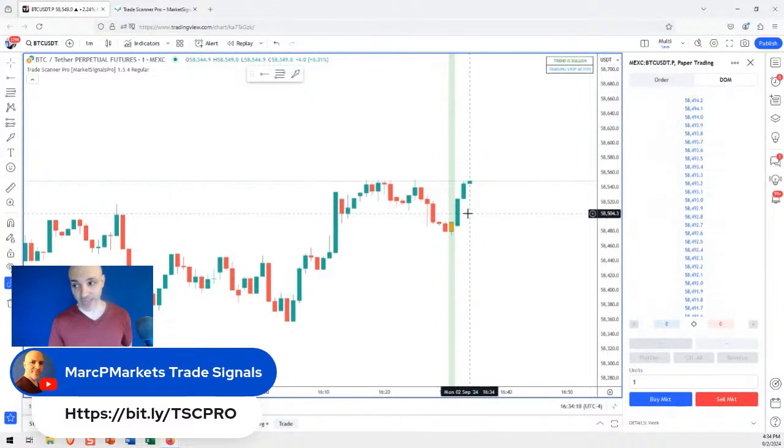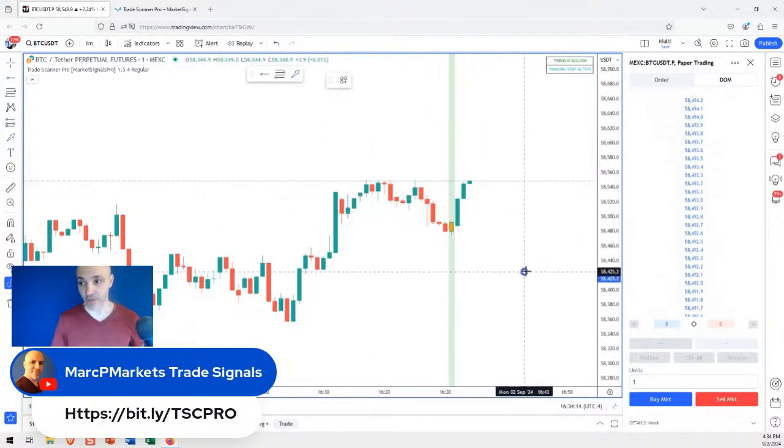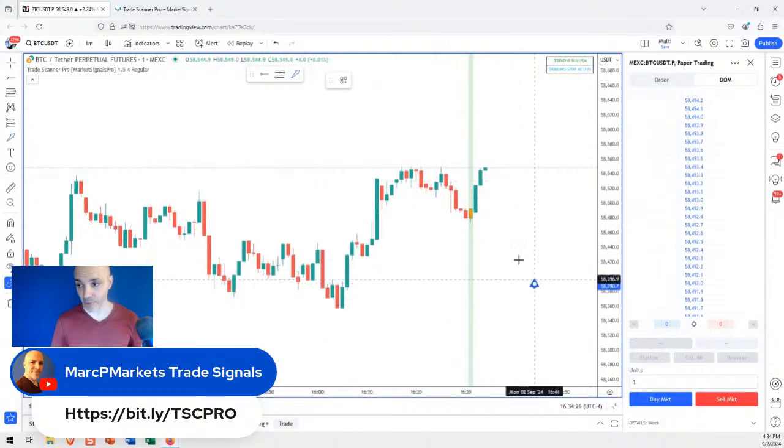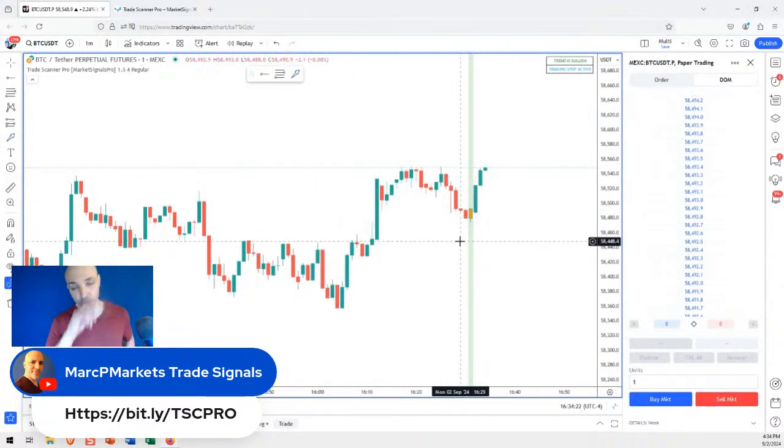So again, that's advanced, but I show this because if this was a 15-minute chart or a larger time frame, you should know to go to a smaller time frame to find the signal. One of the advantages to doing that is it's going to give you proportionally smaller risk. It's going to have a lower risk profile.